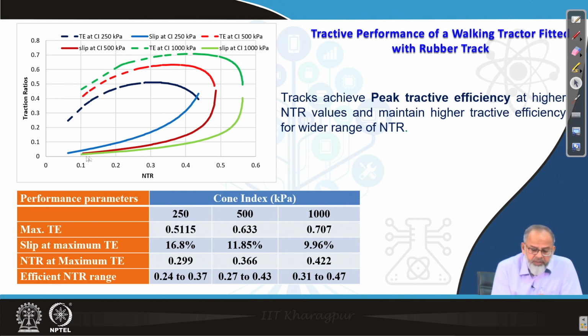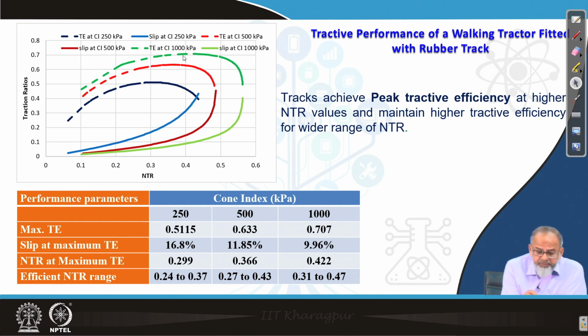And the lower 3 solid lines: the green one is for 1000 kilopascal, this is the slip value, and the red one is for 500 kilopascal, this is the slip value, and the blue solid line is indicating the slip value. Tracks usually achieve a peak tractive efficiency at higher NTR, that means a higher net traction ratio.